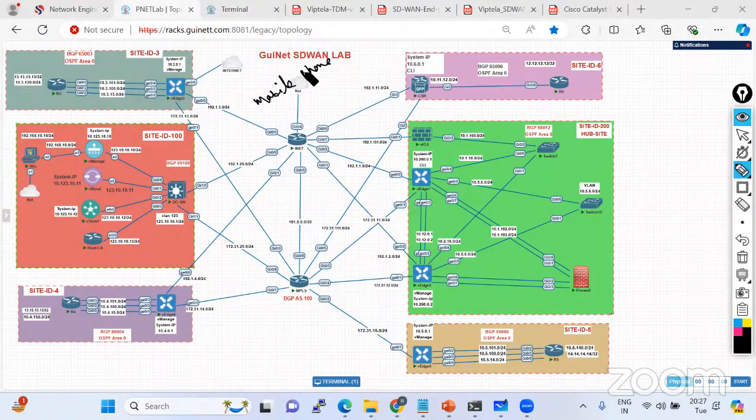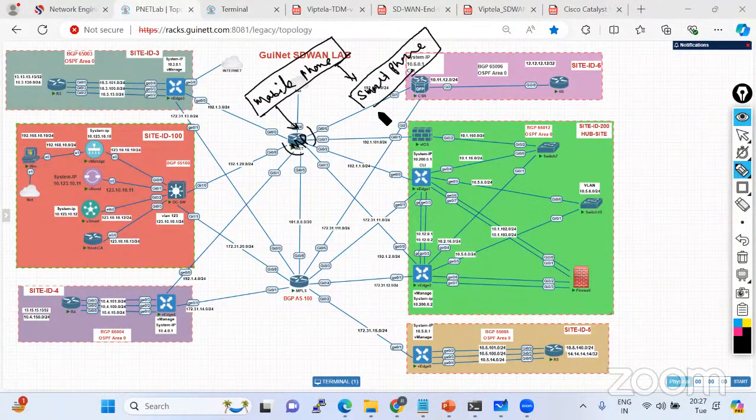We know the mobile phone. It is a general word, mobile phone. But this mobile phone has been classified into two terms. One is again the mobile phone, right? And one is the smart mobile phone, whatever you can think about it. So one is the traditional mobile phone, and one is the smart mobile phone.